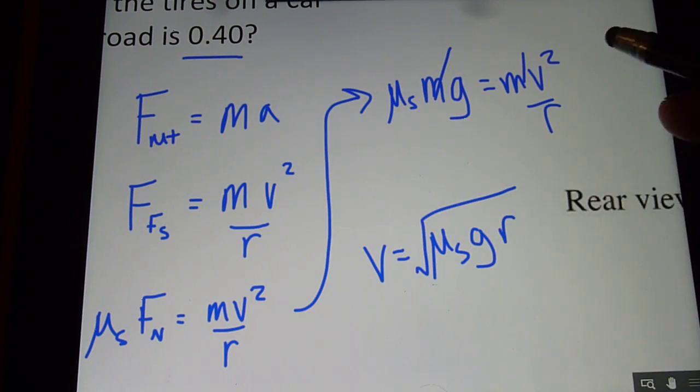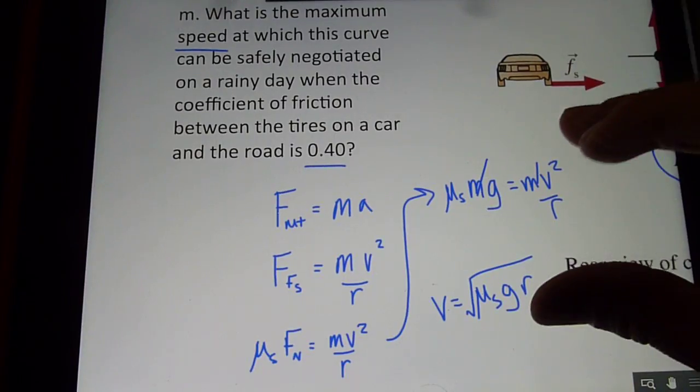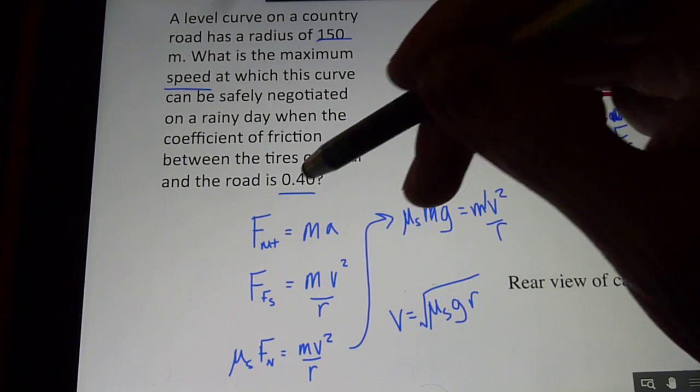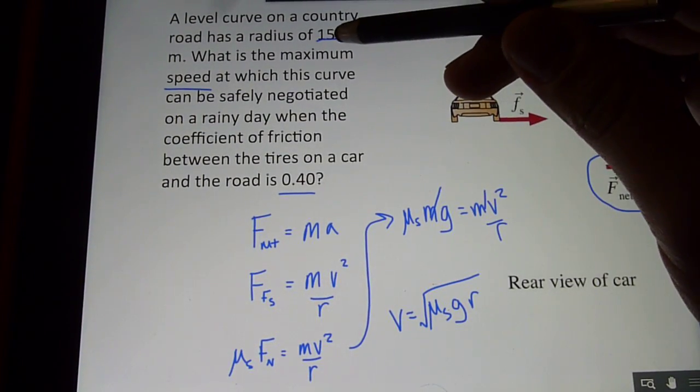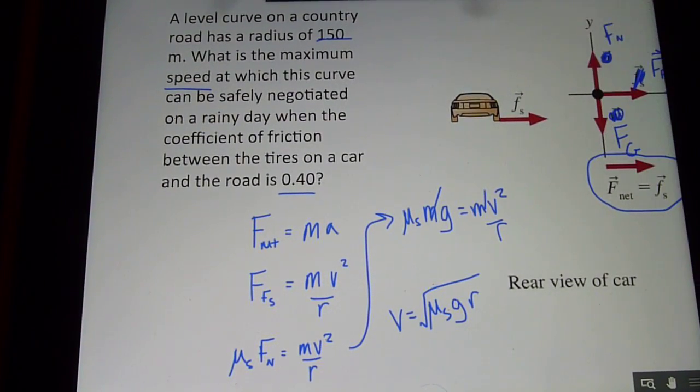We were told that our coefficient was 0.4, our radius is 150 meters. When we solve that, we get a speed of 24.2 meters per second, which comes to, I don't know, highway speeds. I think it's 53 miles an hour or so, which makes some sense.